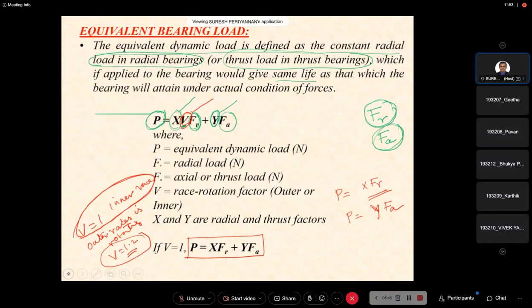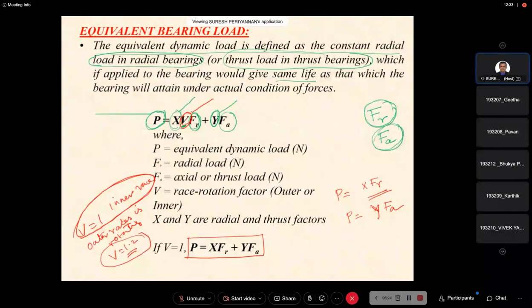That assumption we considered earlier for finding the equivalent dynamic load carrying capacity. The radial load in a radial bearing and the thrust load in a thrust bearing would give the same life when we consider bearings 1 and 2, which are identical in dimensions and material.